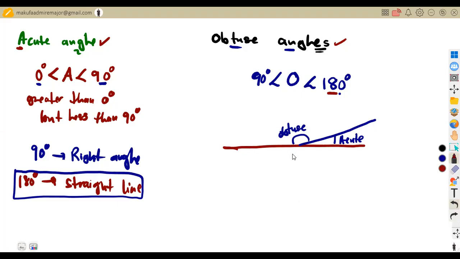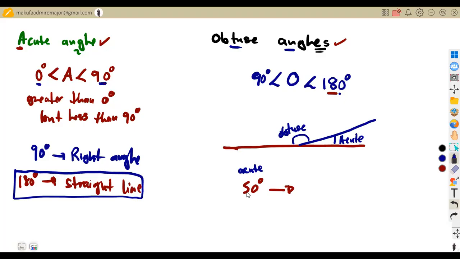If I am given an angle, let's say 50 degrees, it's an acute angle. It's in between this range from 0 to 90, not 0, not 90, but in between. This is an acute angle. I must know its corresponding obtuse angle.